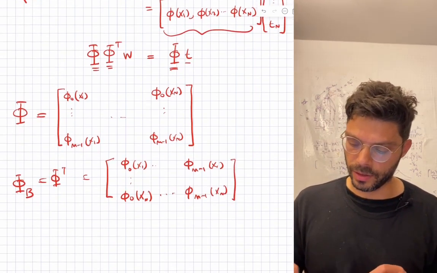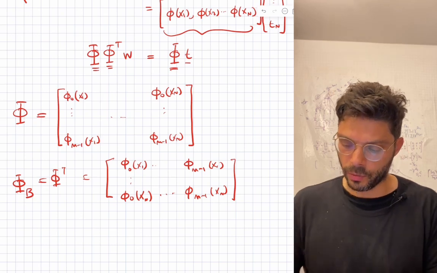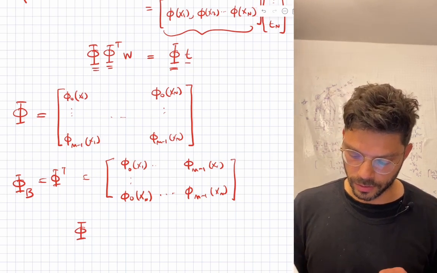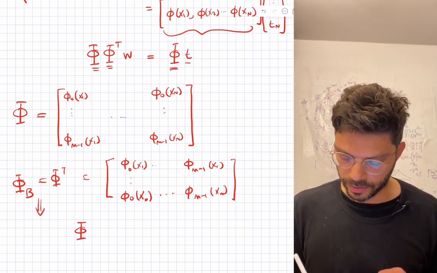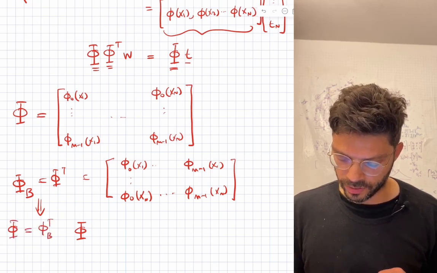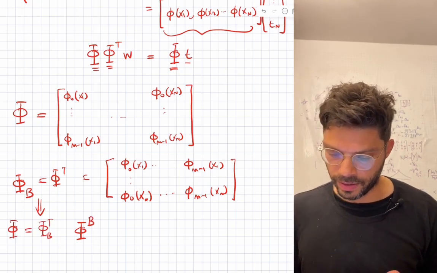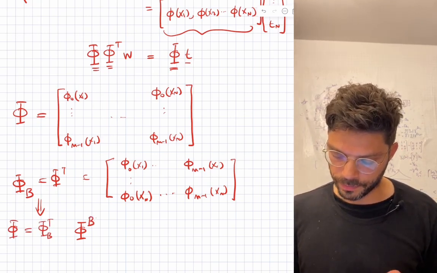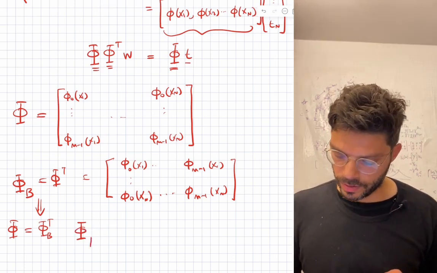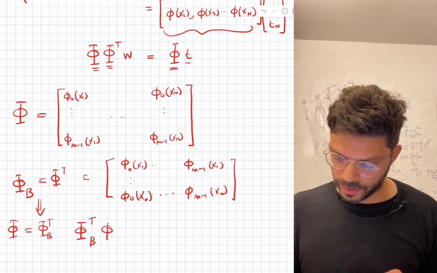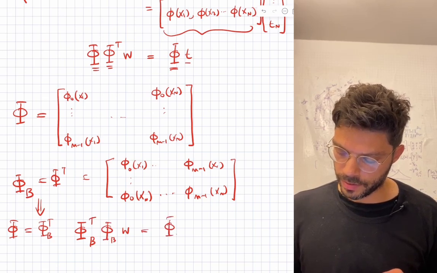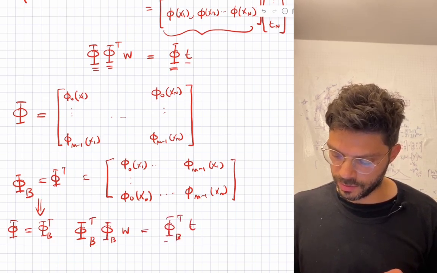Okay, so in terms of phi Bishop, our equation is going to look like this. Phi transpose implies that phi equals phi Bishop transpose. So we just plug in phi Bishop: phi Bishop transpose phi Bishop times the weights equals phi Bishop transpose times t.